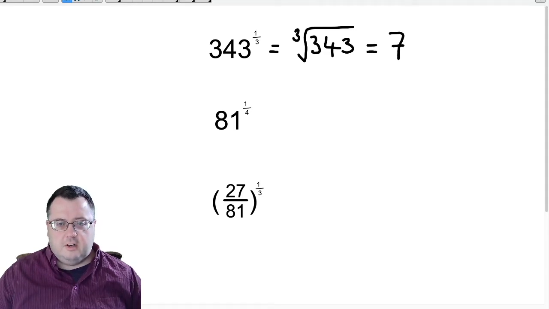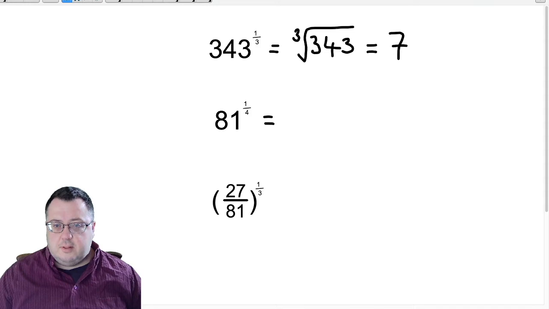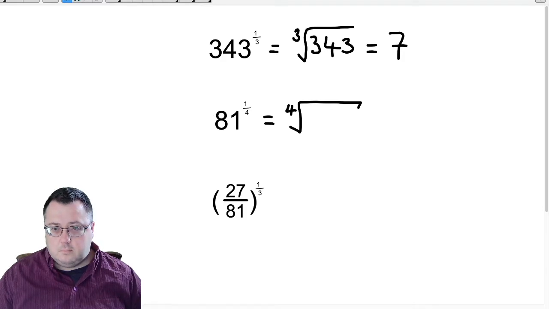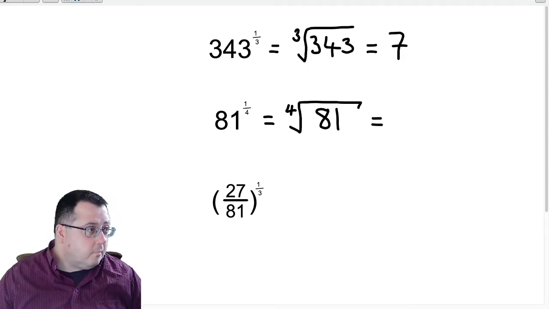Next, we're going to need 81 to the power of a quarter. So that's going to be the fourth root of 81 equals, and again let us switch on the webcam.